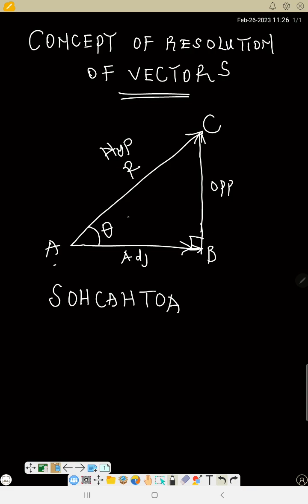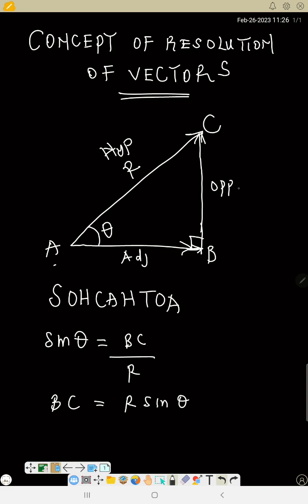What is BC? That is opposite, and the hypotenuse is R. So far I know my hypotenuse. That means sine theta equals opposite, that is BC, over hypotenuse, that is R. So BC is equal to R sine theta.